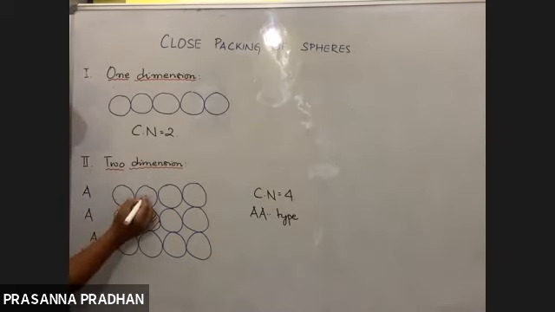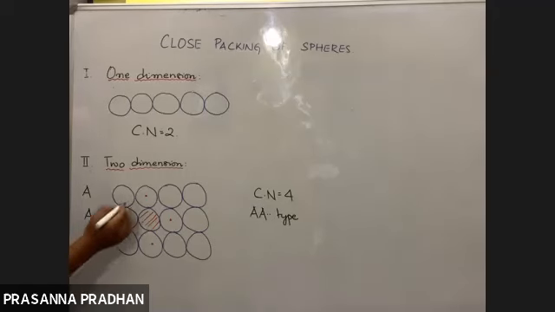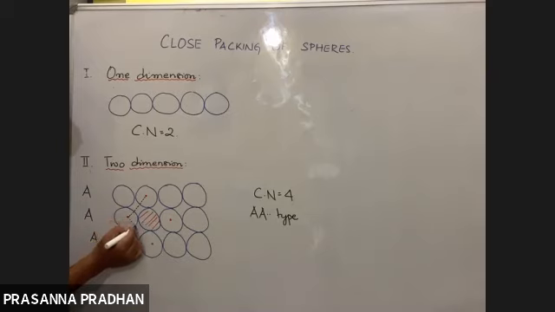Now let me join the centers of these 4 spheres. I'll draw the four spheres like this. Now let me join the centers of the spheres. Which shape is coming out?